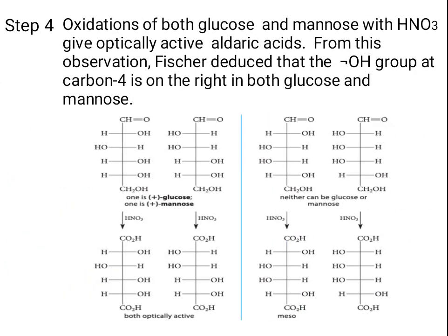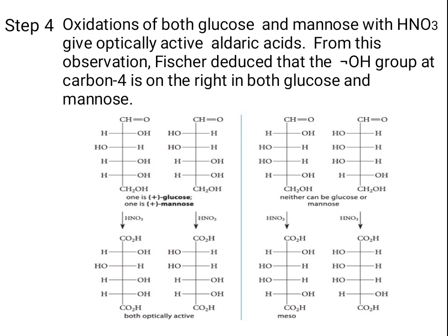Step 4. Oxidations of both glucose and mannose with HNO3 give optically active aldaric acids. From this observation, Fischer deduced that the OH group at carbon 4 is on the right in both glucose and mannose. So what he has done is he has just oxidized both glucose and mannose.